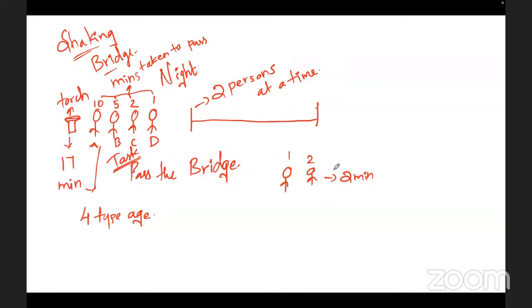So to pass from left to right, he will take 2 minutes. So the 1 minute guy will go back. So it will take 3 minutes. 1 minute and 10 minutes first.